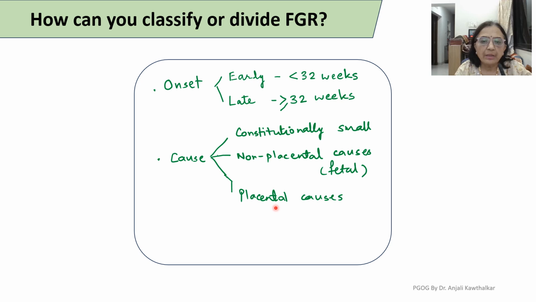Whereas the third group will be when there is a problem with the placental perfusion, chronic placental insufficiency with many different underlying disorders during pregnancy, and placental causes are the third category responsible for fetal growth restriction. So these are the two ways we can classify the cases.